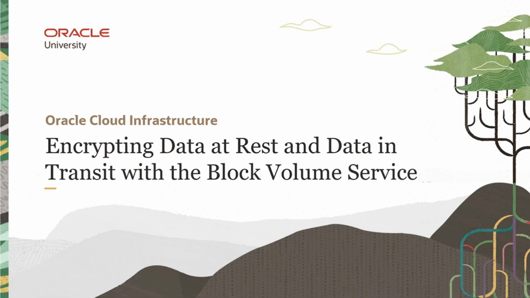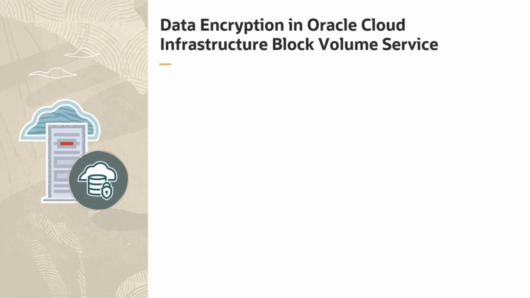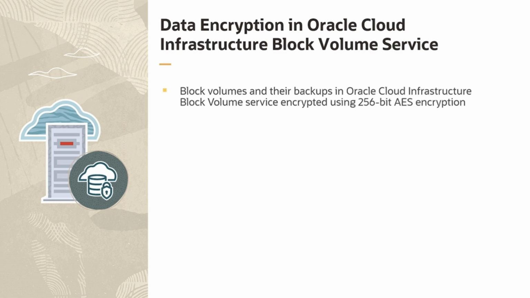Let's get started. Let's take a look at some key points regarding data encryption in Oracle Cloud Infrastructure Block Volume Service. All block volumes and their backups in the OCI block volume service are encrypted at rest using the 256-bit AES encryption.